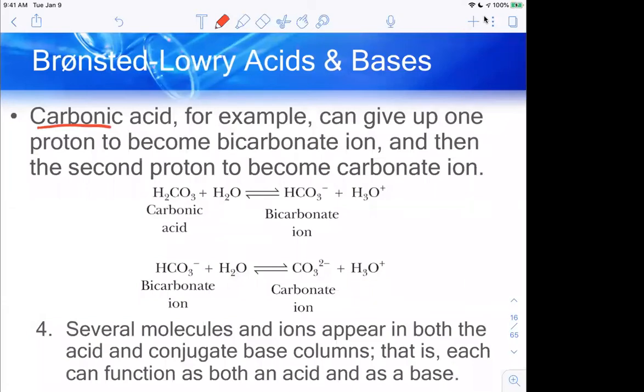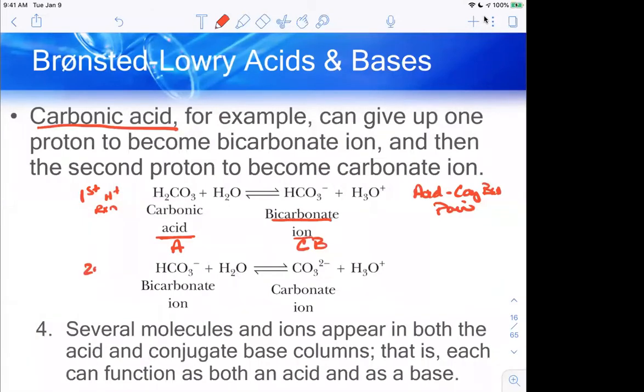When I look at carbonic acid, I have 1 step, right? This is the acid. This is going to be the conjugate base. This is my bicarbonate ion. So this is an acid conjugate base pair. In my new reaction, this is the first proton transfer reaction.